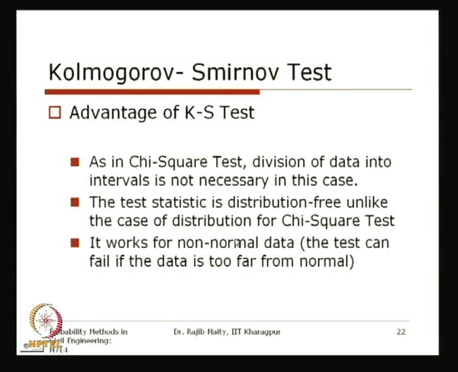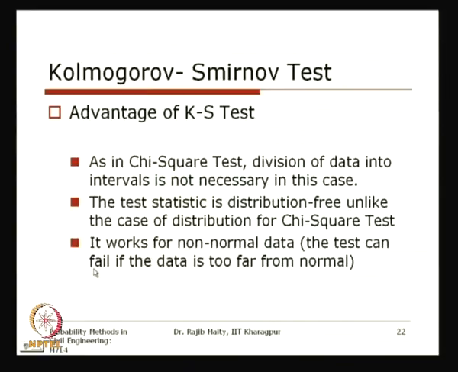Now, the advantage of this KS test is that, unlike the chi-square test, the division of the data into intervals is not necessary in this case. I was mentioning these things at the starting of this KS test. These intervals are not necessary here, because we are just observing at each and every data point. The test statistic is distribution free, unlike the chi-square test. It works for non-normal data.